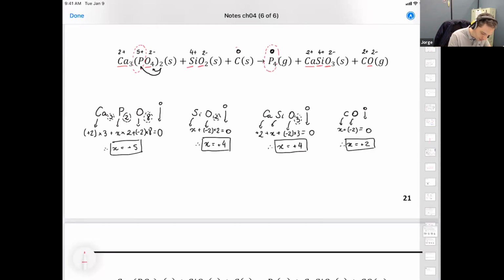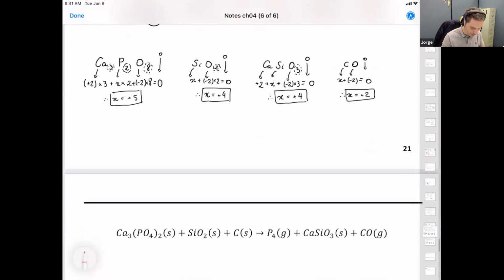And if we look at carbon, it started from 0 and at the end of the reaction moved to 2 plus. So it is the opposite thing that happened with carbon relative to phosphorus. Carbon started from 0 and increased to 2 plus, while phosphorus started from 5 plus and decreased to 0.